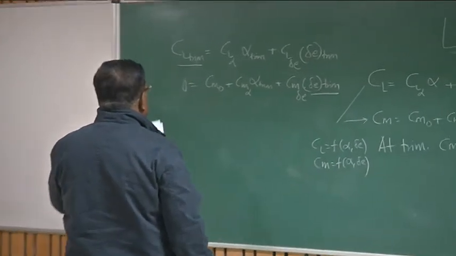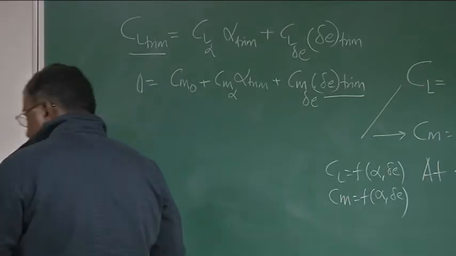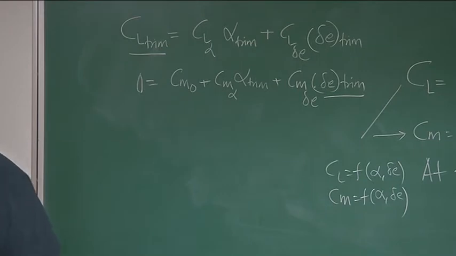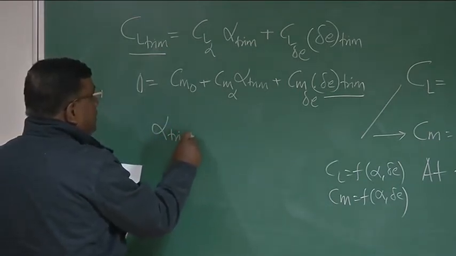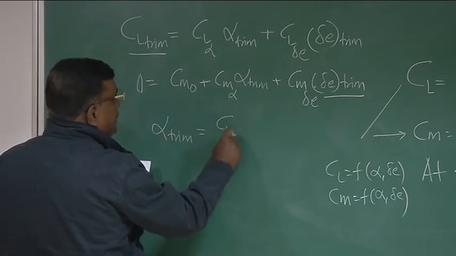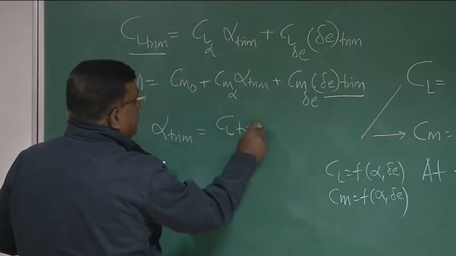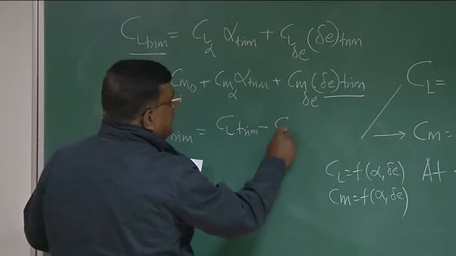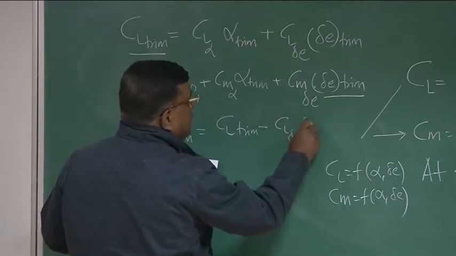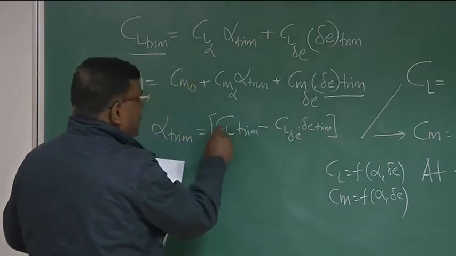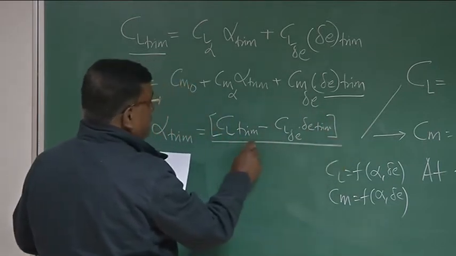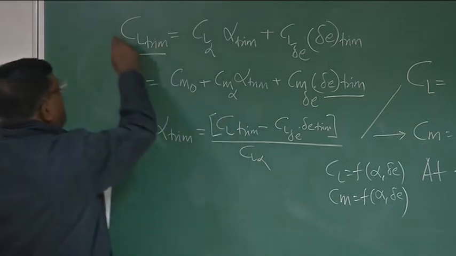So to do this algebraic adjustment, I will write the step. I can write alpha trim is equal to Cl trim minus Cl delta E into delta E trim divided by Cl alpha. Isn't it, from this equation?